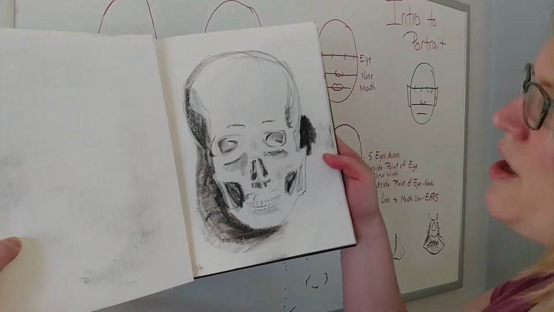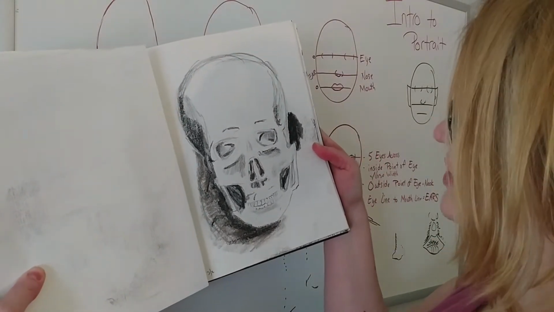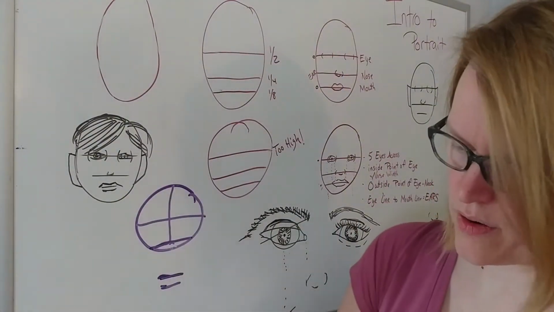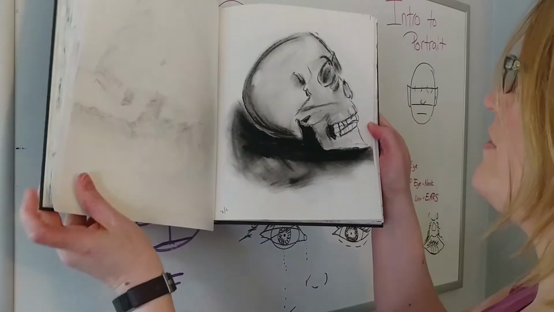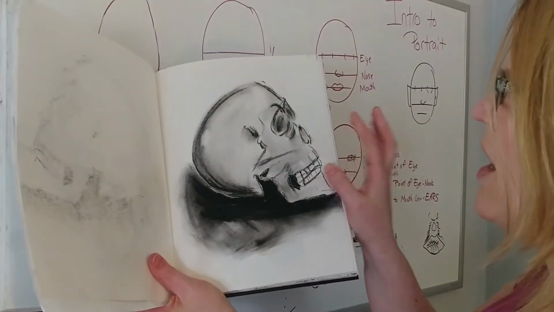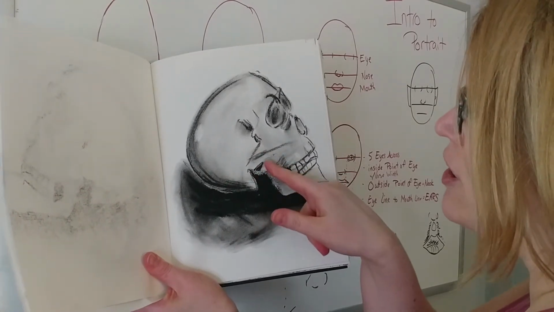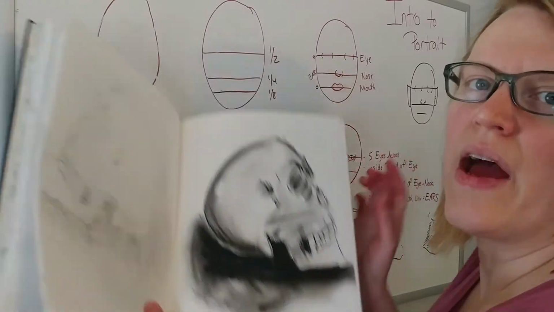Meet Bob. These are some charcoal drawings I did while you were quietly working on still life at school. So that's our buddy Bob. We get a side view here, a nice opportunity to see where the mechanics of that hinge are actually connecting and see how that line is sort of even with the nose.